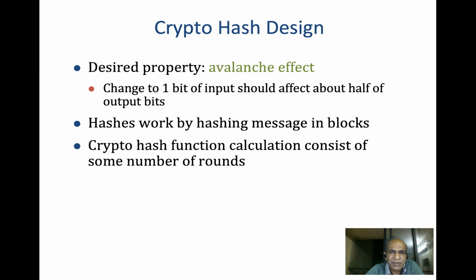The important property of a hash function is the avalanche effect. What is the avalanche effect? It says that if you change one bit of input, it should affect at least half of the output bits. Why do we need such a property?